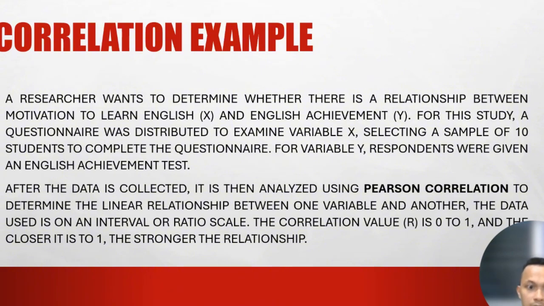The data used is on an interval or ratio scale. The correlation value is 0 to 1, and the closer it is to 1, the stronger the relationship. So I think there is a correlation there.